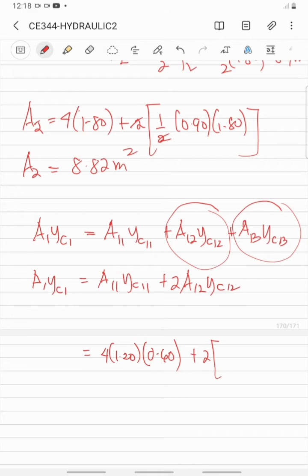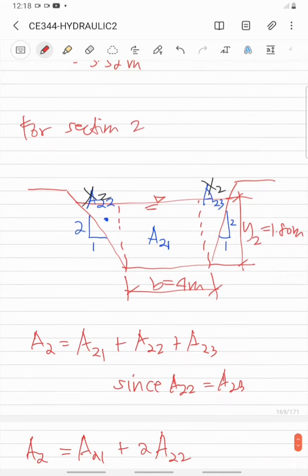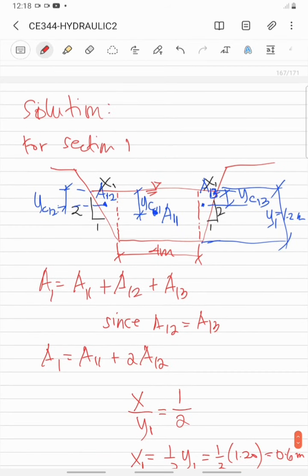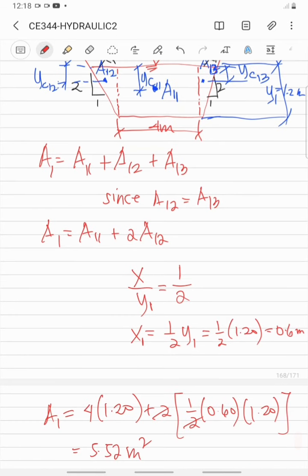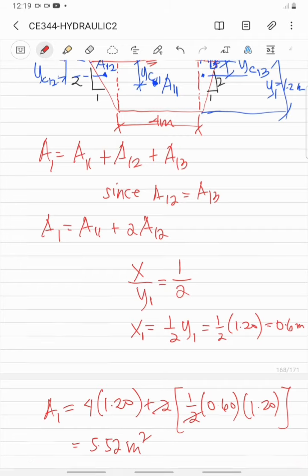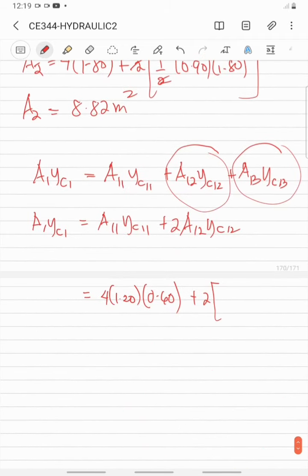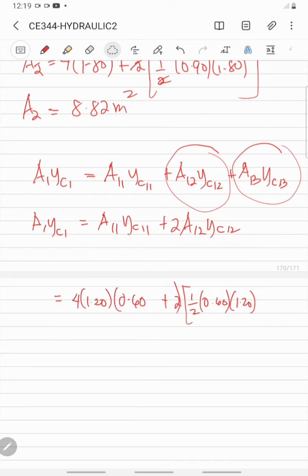Area 12 is the area of the triangle at section 1. So that is 1/2 times 0.6, because your x1 is 0.6, times 1.2, times the centroid 1/3 of y1, which is 1/3 of 1.2, that is 0.4.